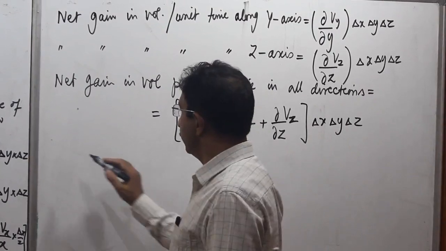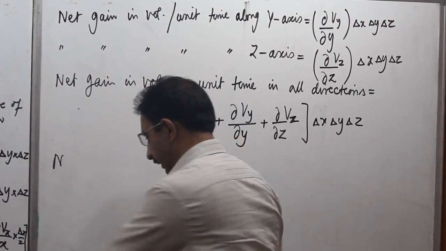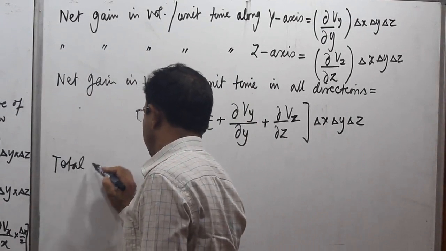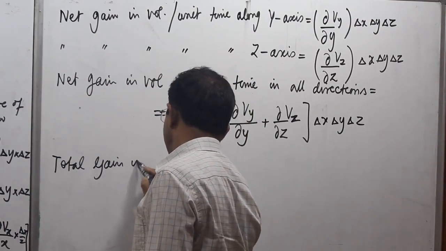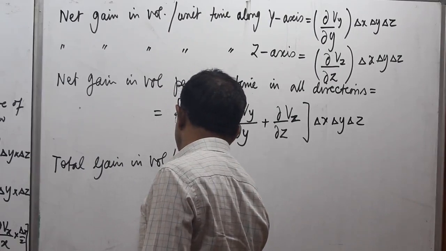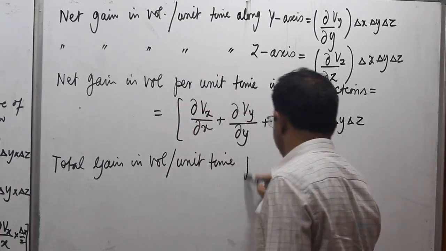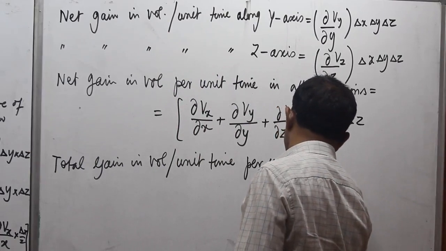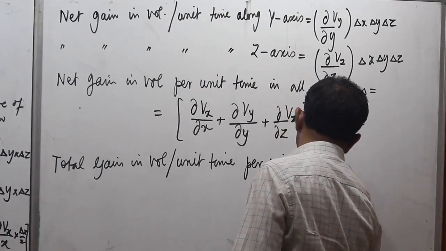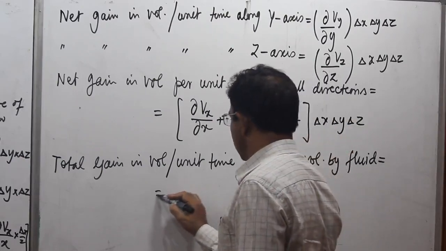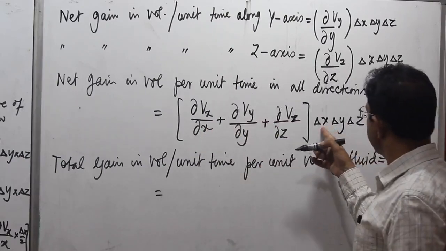Now find the total gain in volume per unit time per unit volume of fluid. That would be equal to this divided by the given volume.